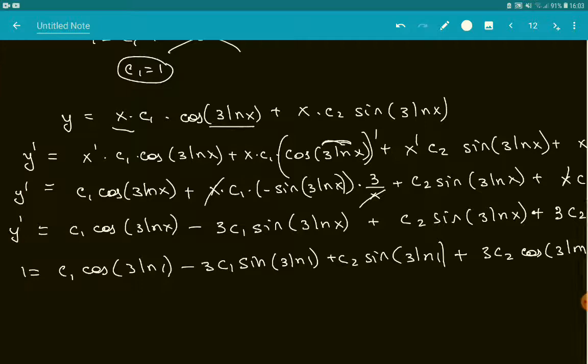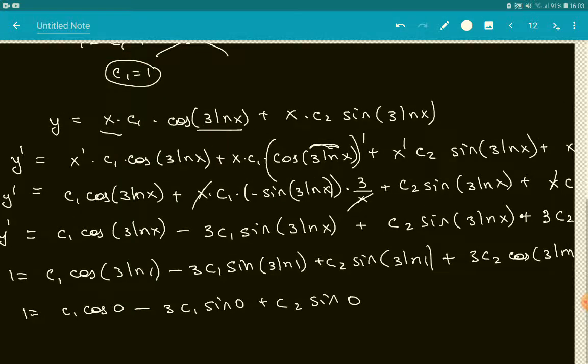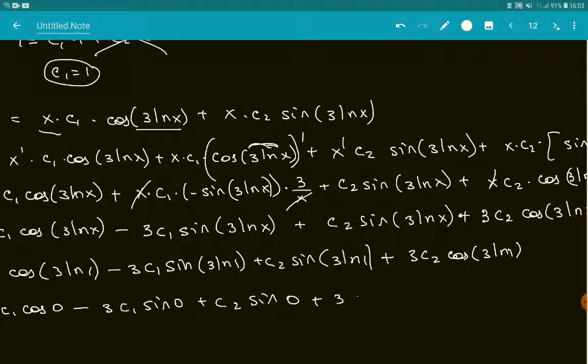As we said before, ln 1 is 0, so 1 is equal to c1 cosine 0 minus 3c1 sine 0 plus c2 sine 0 plus 3c2 cosine 0.